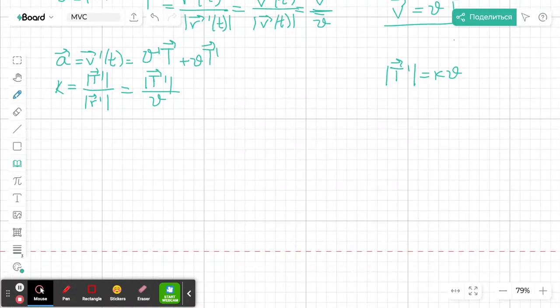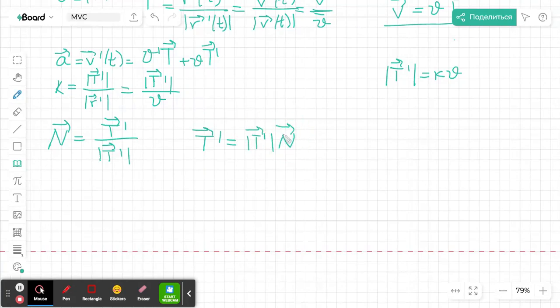Now the unit normal vector, I hope that you remember it, N, was given to us by T prime over magnitude of T prime, which means that if we plug it back in here in this equation, then we're going to get that T prime is equal to magnitude of T prime times N. So changing this one into here, and then instead of the magnitude of T prime, we're plugging in kappa upsilon, so we're going to get kappa upsilon N. Okay, so that's another thing that we need.